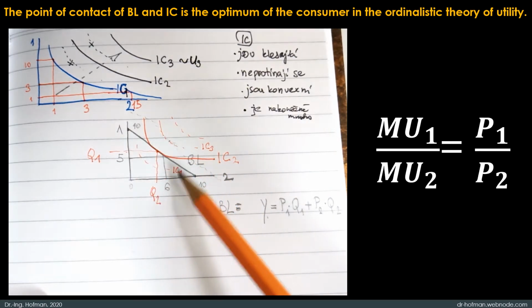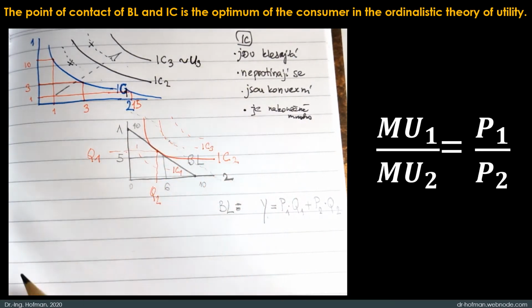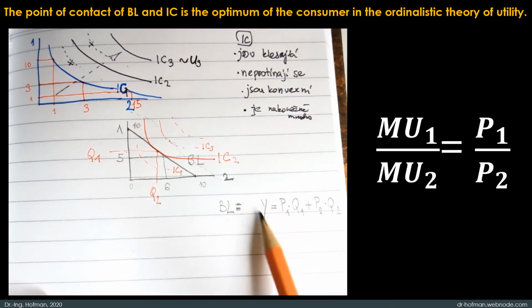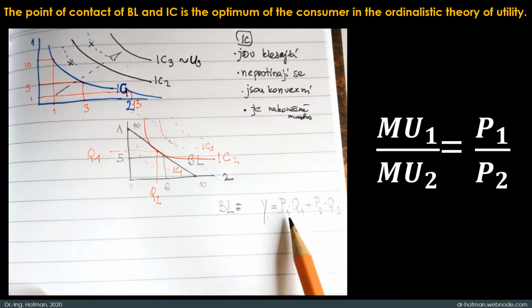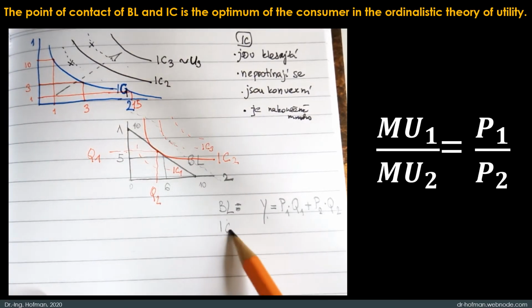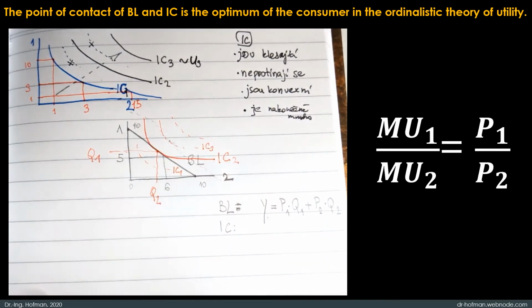The budget line is the distribution of income over a combination of prices and quantities of goods 1 and 2: price of good 1 and quantity of good 1, price of good 2 and quantity of good 2. To express the indifference curve, the optimum is given by the equality of the marginal utilities.